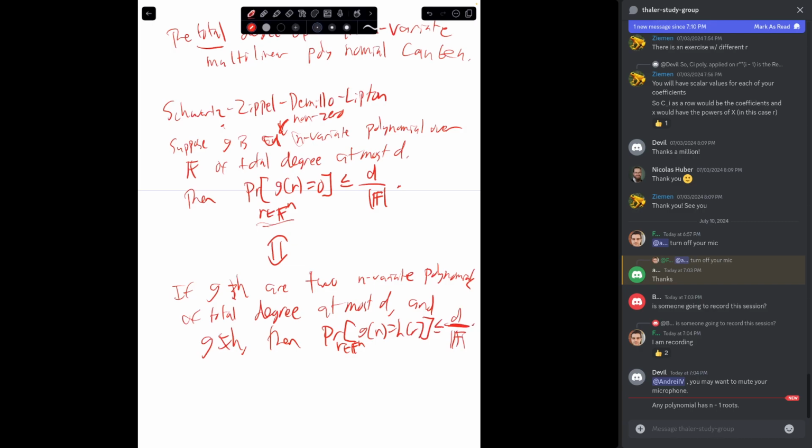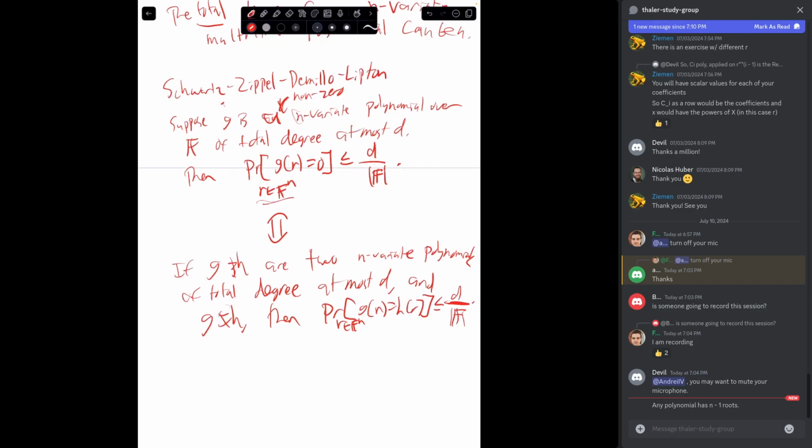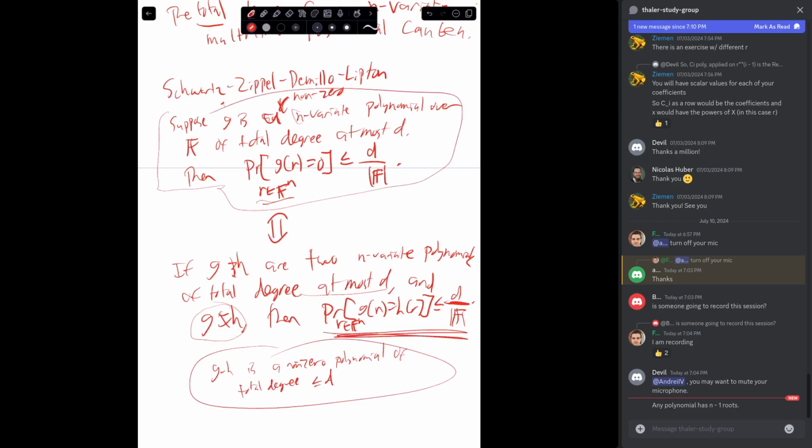The point is that if g and h are not the same polynomial and they're both of total degree at most d, then their difference is a non-zero polynomial also of total degree at most d. Then I can apply my first formulation of Schwartz-Zippel and get the conclusion down here. Their difference is 0 at r if and only if they evaluate to the same thing at r.